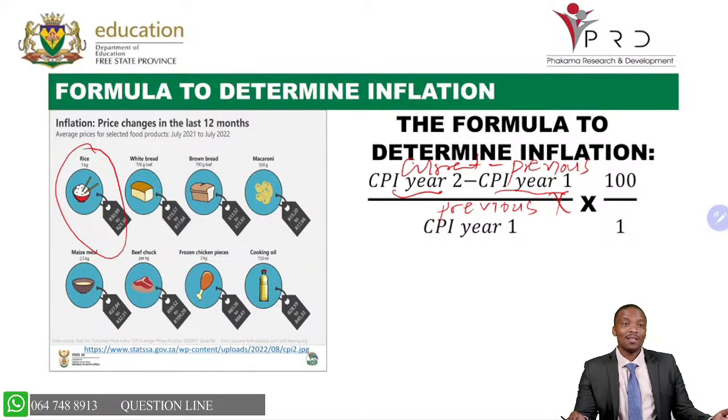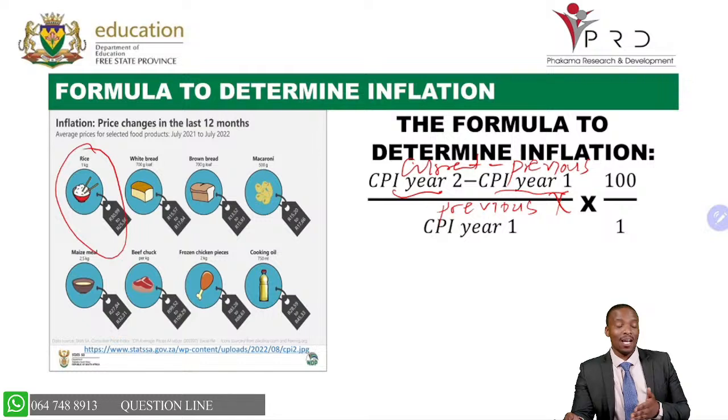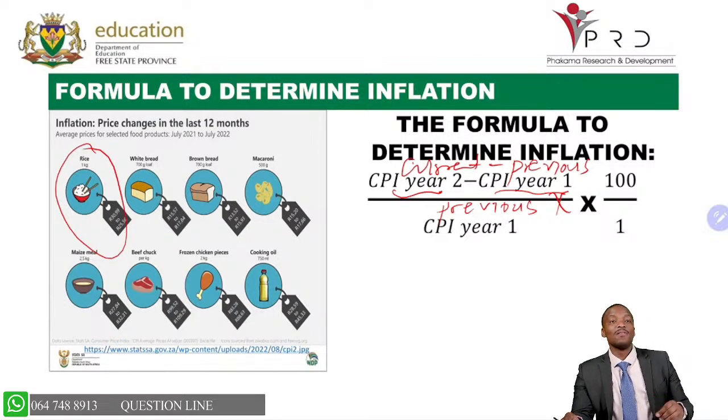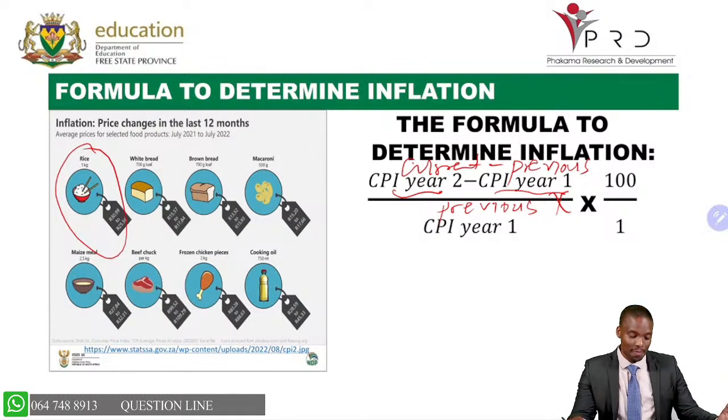Not always do goods and services increase over time. But if you look at other elements such as brown bread as well as white bread, macaroni, maize meal, we see an increase. And we can even ask which one had the most increase in terms of prices.